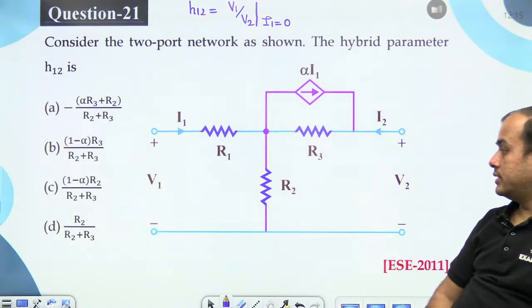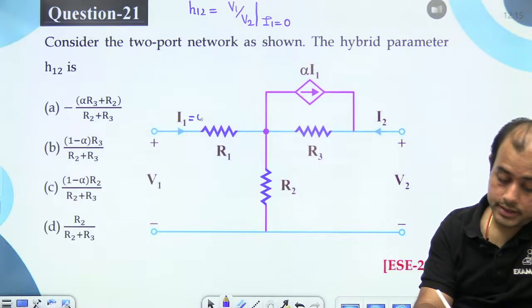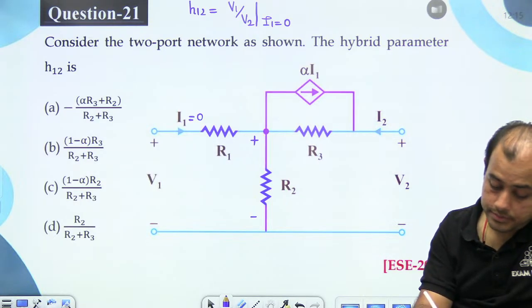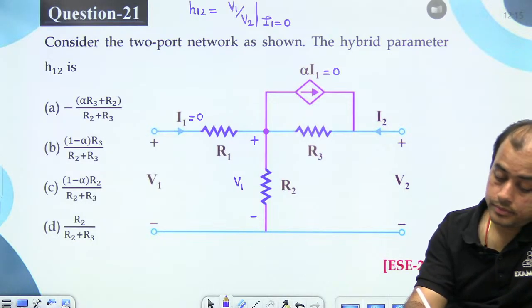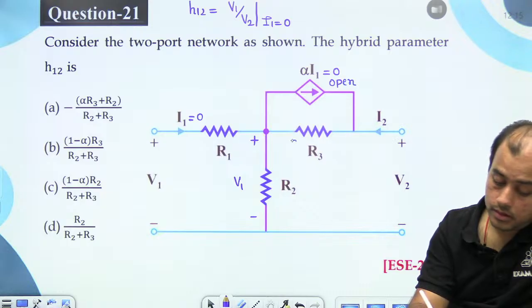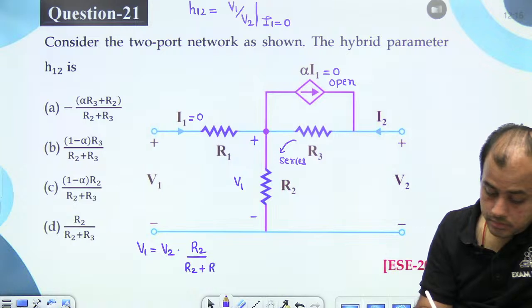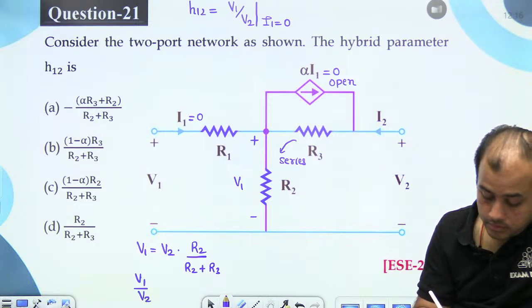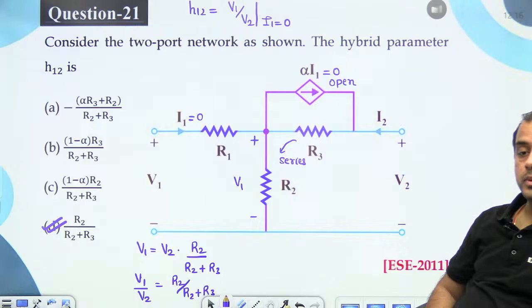ESE 2011. See, if I1 is 0, this voltage will be V1. This alpha I1 will also be 0. So these two are in series. D, R2 by R2 plus R3.